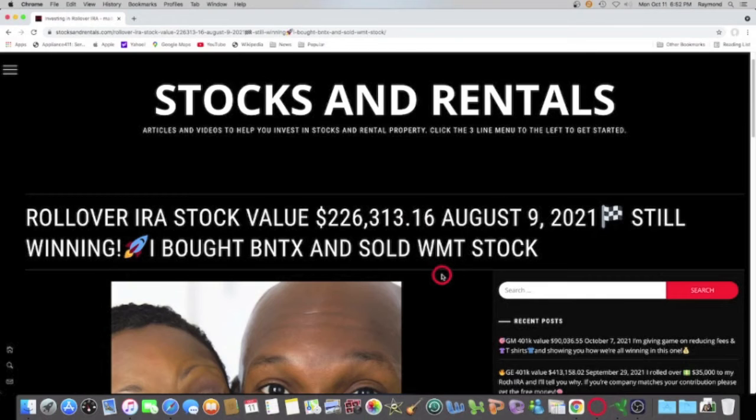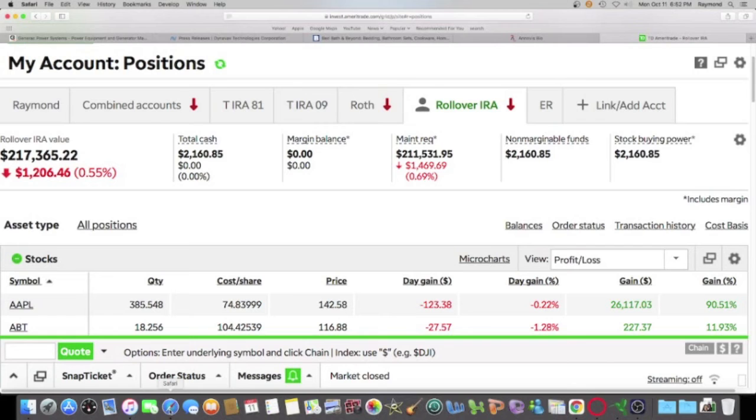On August 9th, I had $226,313.16. Man, I wish I still had this amount. And bringing it back today, the difference is a negative $8,882.86.